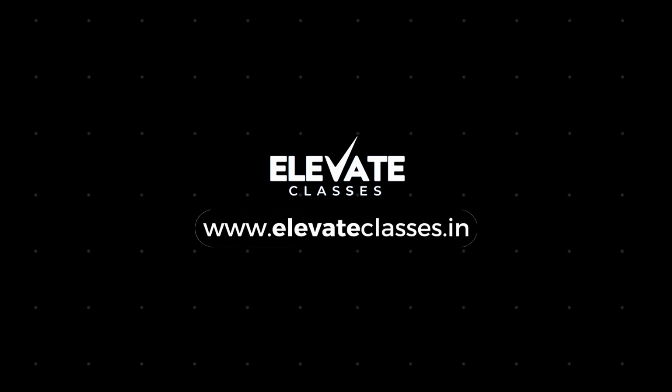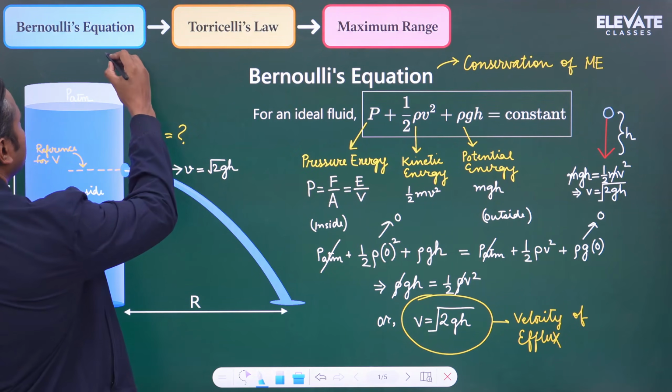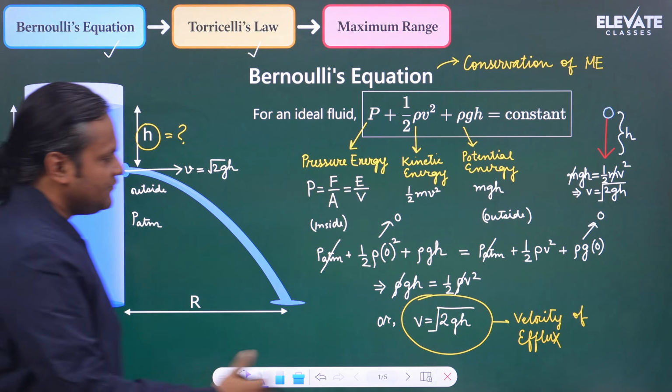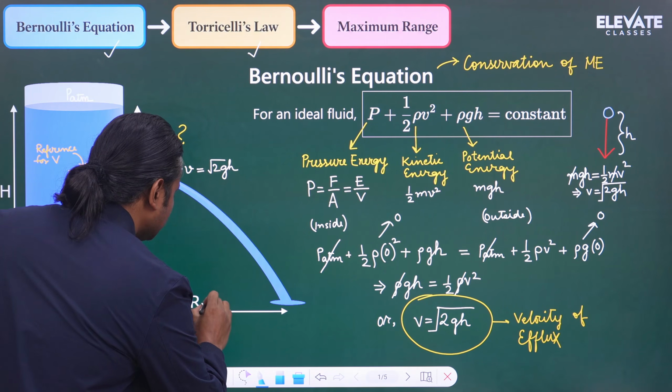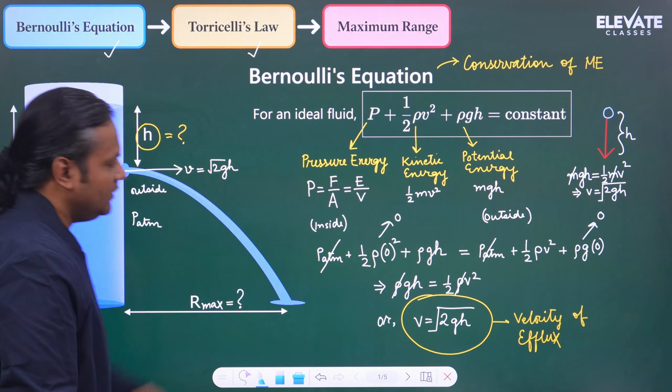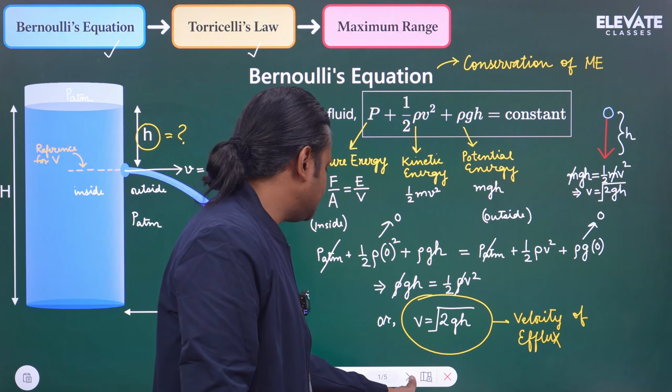So now that we have done Bernoulli's equation and obtained the Torricelli's law, let us figure out how we can maximize this, by tweaking this particular expression.